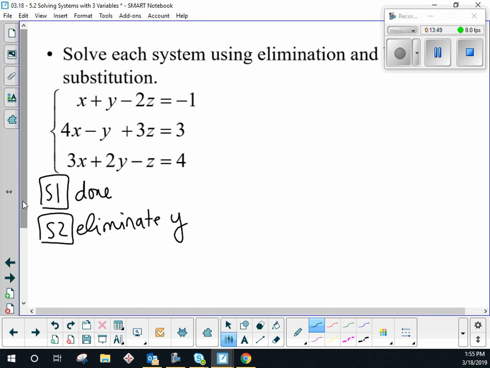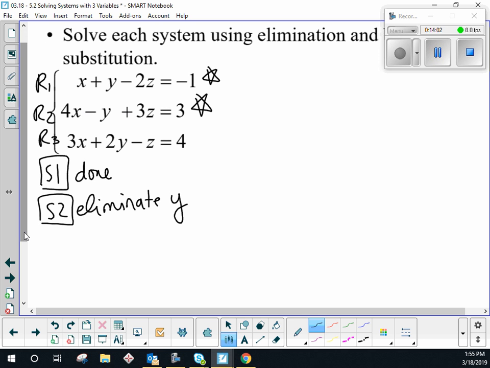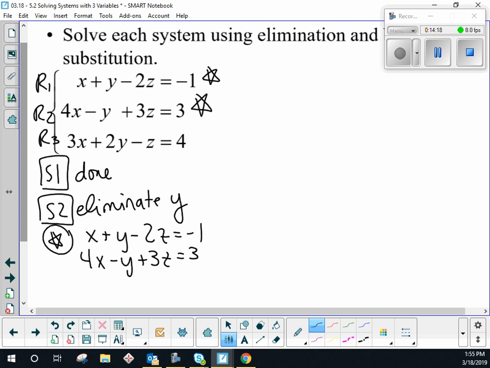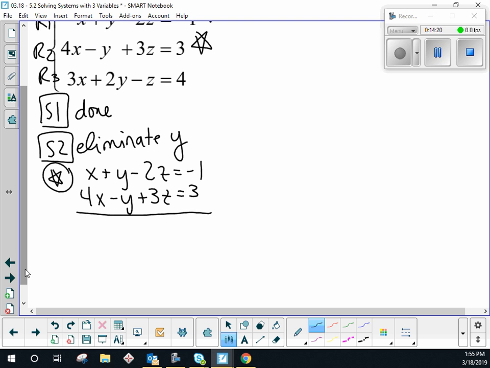I'm going to put some symbols here, and this will become more apparent to you in a bit. But for right now, just trust me. We'll star those 2 things because that's where I'm starting. Row 1, row 2, row 3. So my first step, this is my star work right here for those 2 equations, I'm going to add them together. The y's cancel.